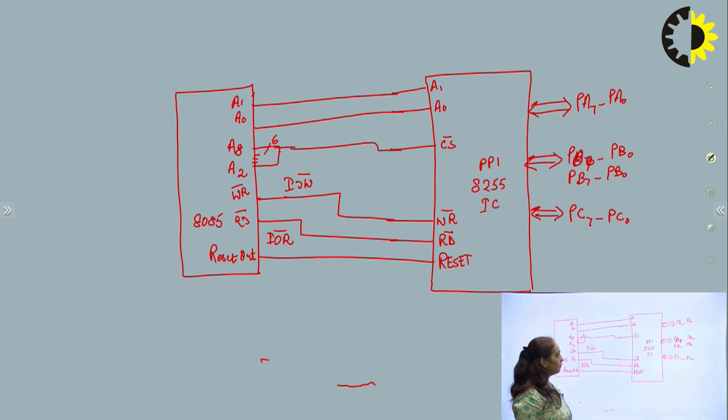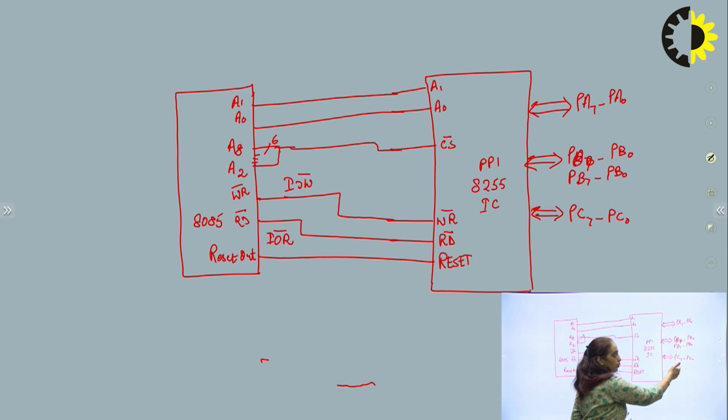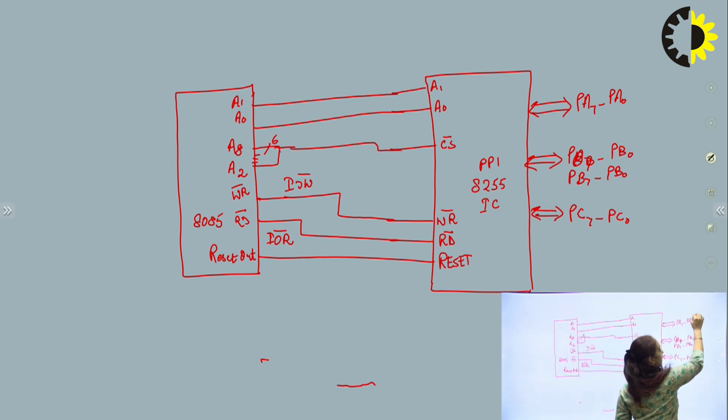This way we are going to interface any IC with the 8255 IC, and on these ports we are going to connect input devices like a keyboard. Suppose I have connected one keyboard here and a printer here.